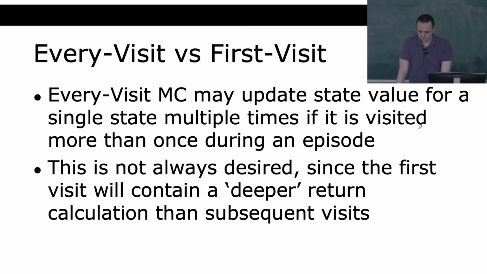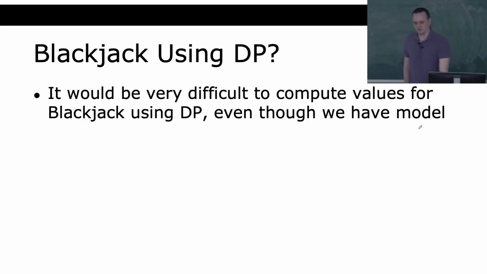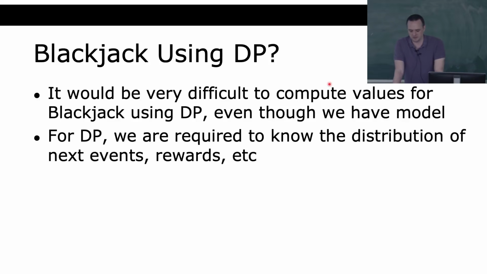Okay, so we'll go to where we were. I mentioned this a bit last time. In order to use something like dynamic programming for Blackjack, even though we know the rules of Blackjack, and we could very easily program the game of Blackjack, it's very difficult to use dynamic programming with a game like Blackjack.